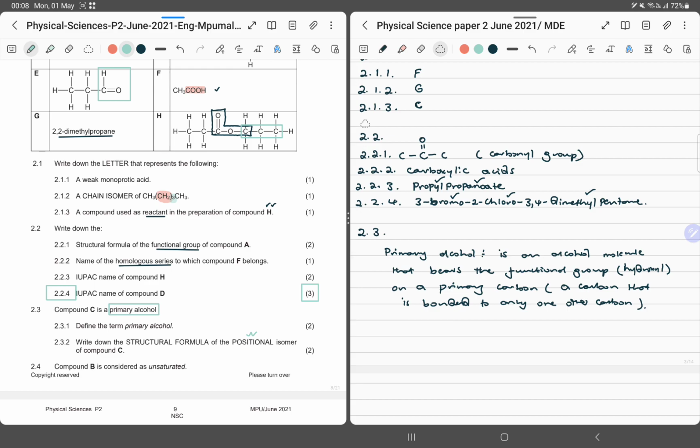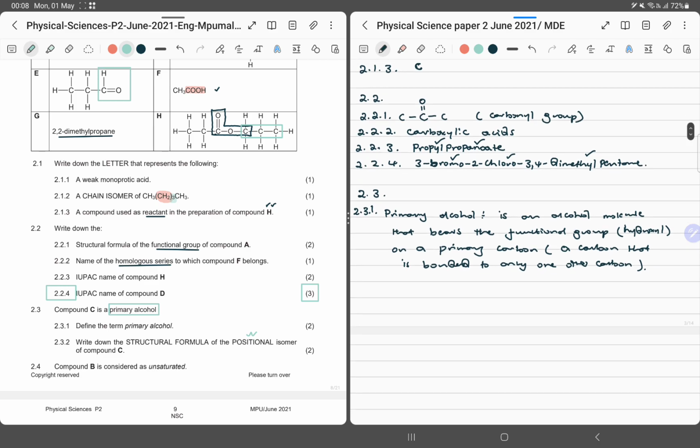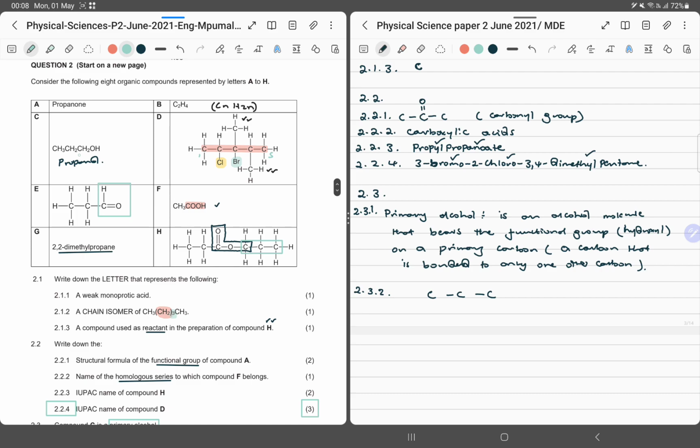Okay, this is 2.3.1. Now we want to do 2.3.2. It says write down the structural formula of the positional isomer of compound C. Obviously, there's 3 carbons here. Now, the OH group was on the first carbon.